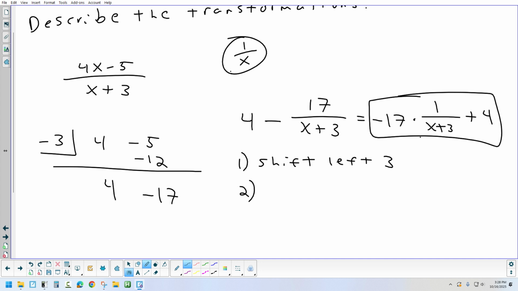Yeah. Negative 17. That's two things. We want to look at one of those. Anybody know which one we want to look at? Yep, the 17. What's the 17 do? You're multiplying by 17 in front.